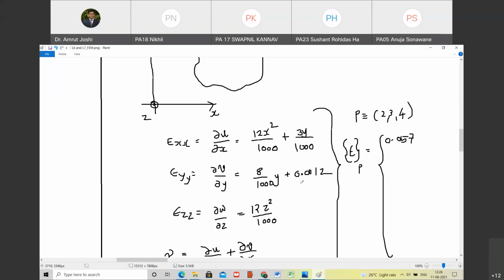Okay, epsilon yy. Y to be substituted as 3. It is 0.028. Epsilon zz. Z to be substituted as 4. It is 0.192.